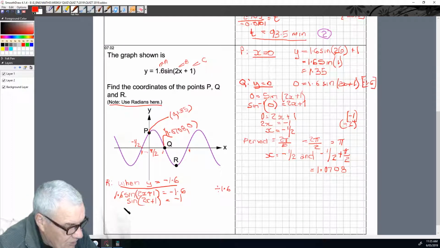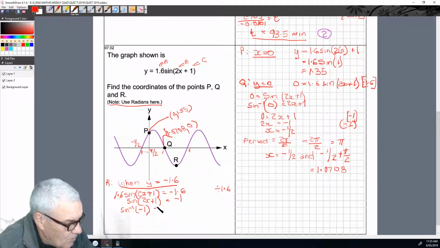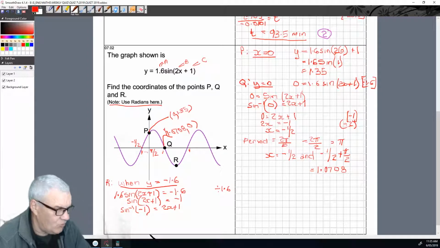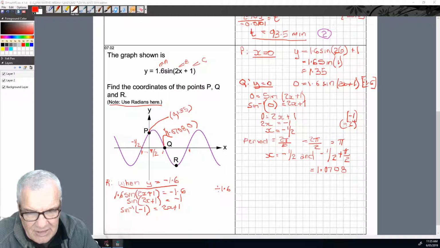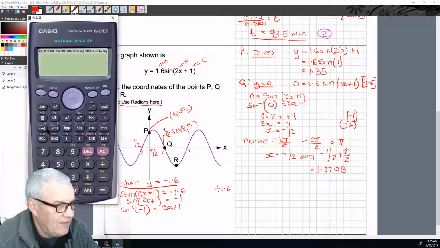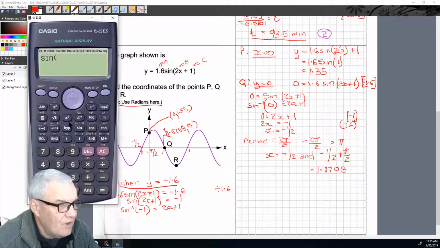And so then we can go sine to the negative 1 of negative 1 equals 2x plus 1. And if we get our calculator out, we'll find that, all clear. Shift.